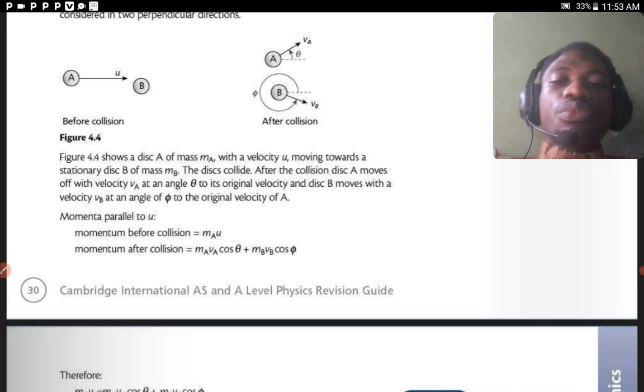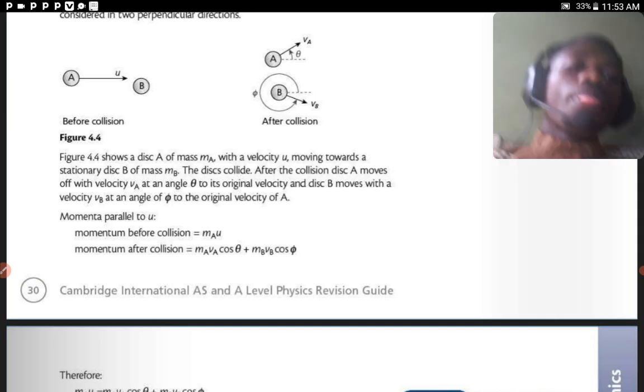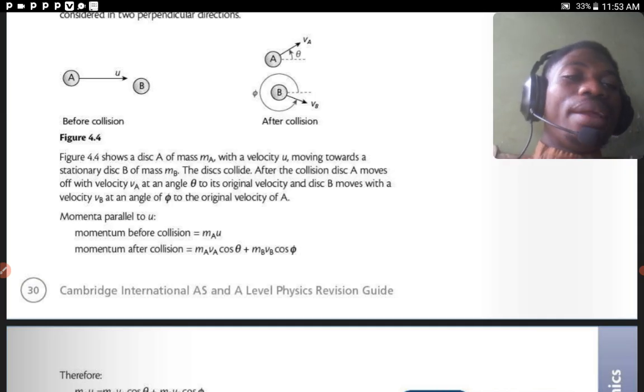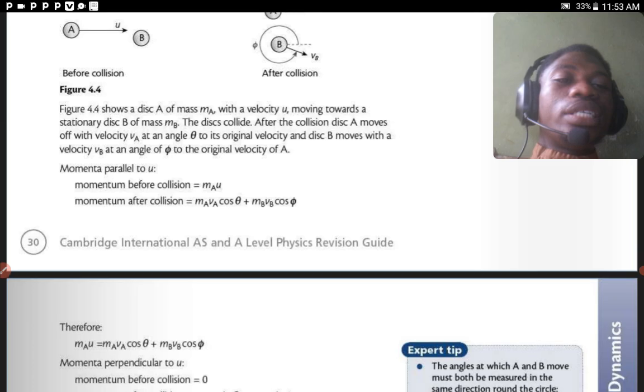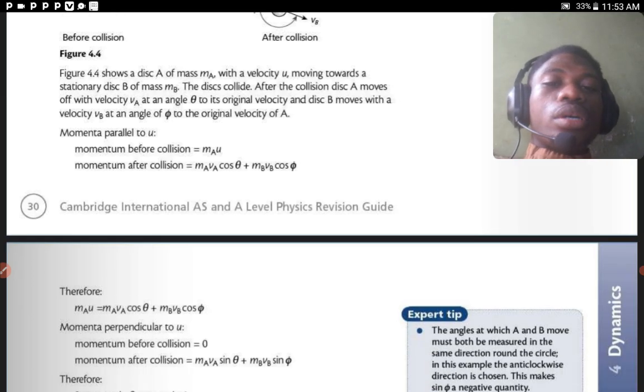Now, after describing this situation, u is the initial velocity of A. So we have to resolve the final velocities of both disks, and then we get those components that are parallel to the initial velocity of disk A, which is of course u.